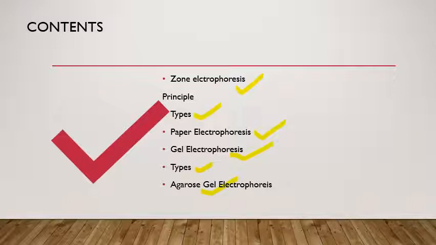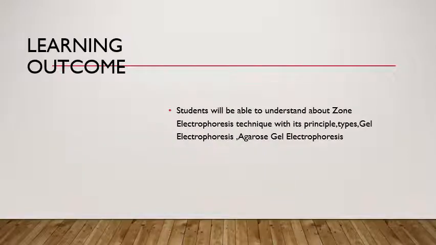The polyacrylamide gel electrophoresis is also there. What will be the learning outcome of this lecture? The students will be able to understand zone electrophoresis in detail with its principle, types, and gel electrophoresis, including agarose gel electrophoresis.